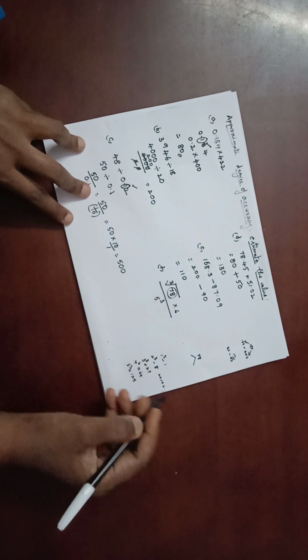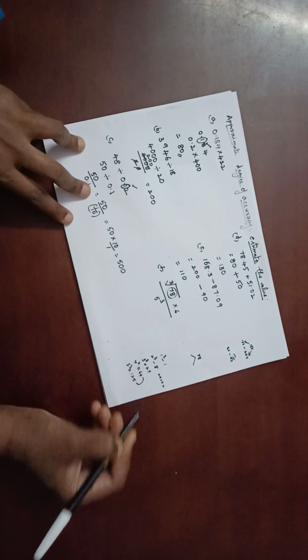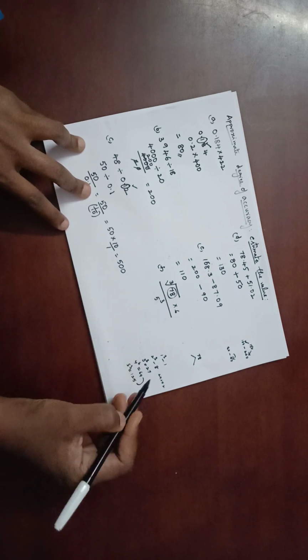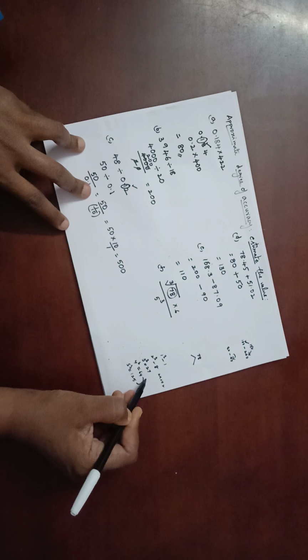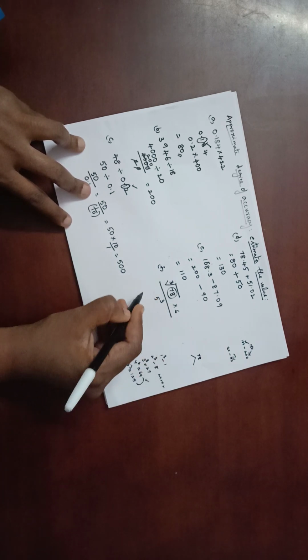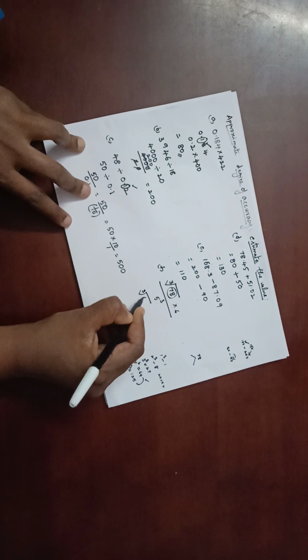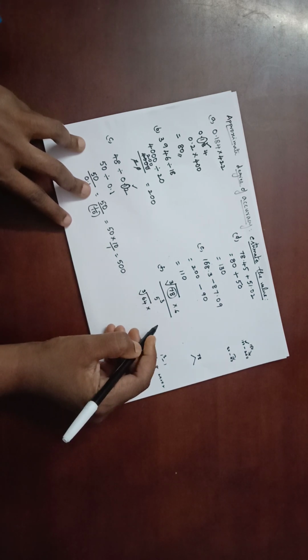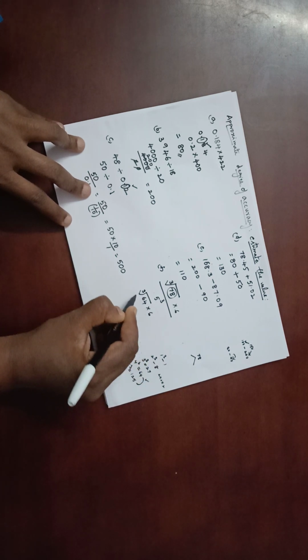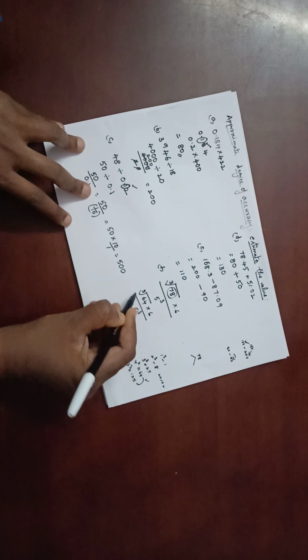So this 78 is in between 4 cube and 5 cube, and it is nearer to 4 cube, not 5 cube. So the round off number is cube root of 64 into 6 by 5 cube.